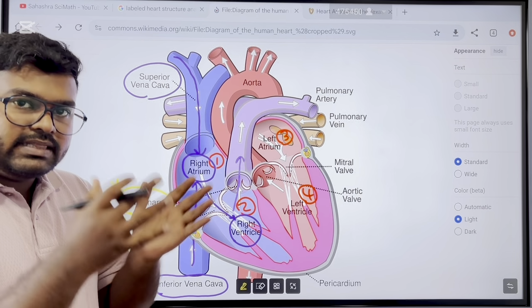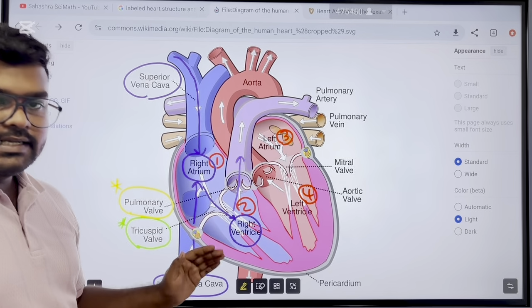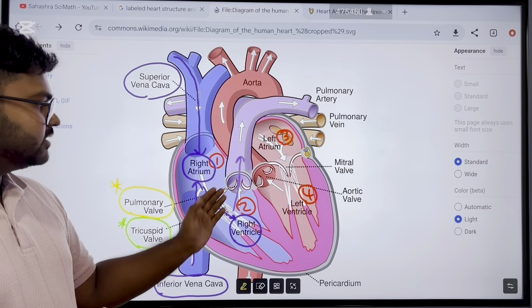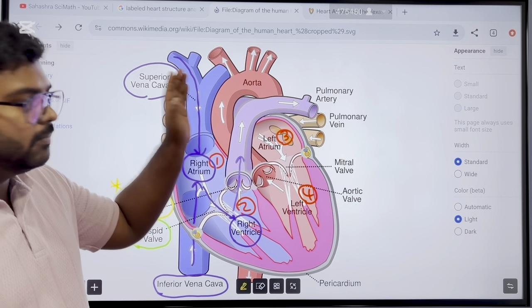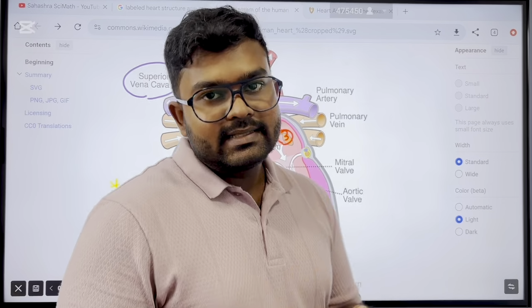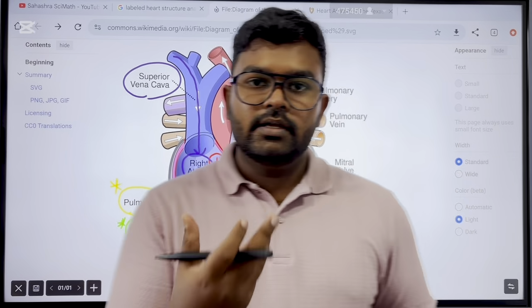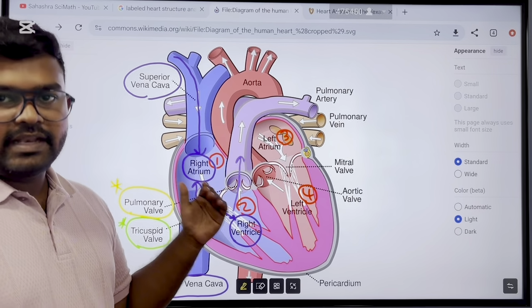Basically all these valves have the same function, which is to prevent backflow of blood. All these valves act as one-way valves which keep the unidirectional flow of blood through the heart. So always there is a unidirectional flow of blood through the heart, and to keep this unidirectional flow, these valves are very important.